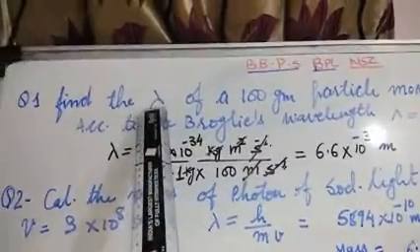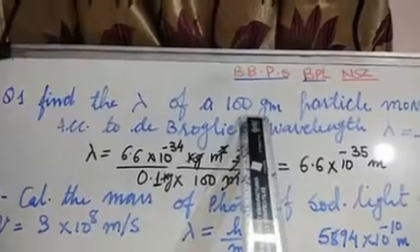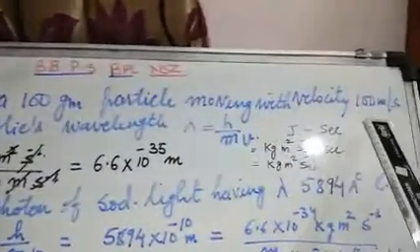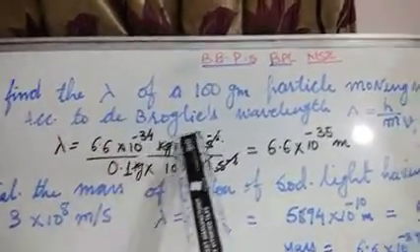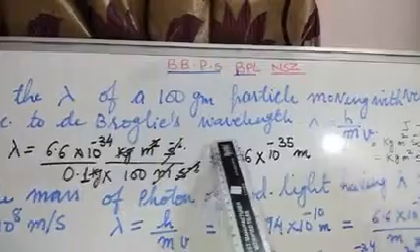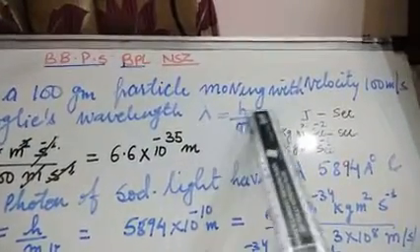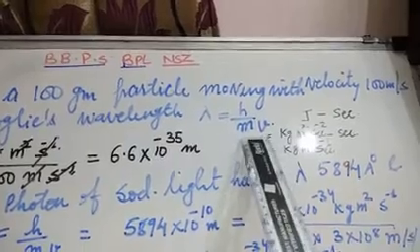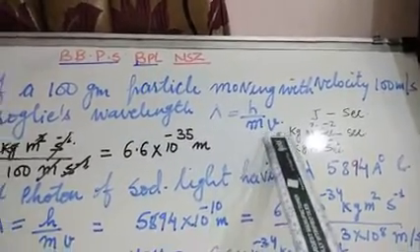So what are we calculating here? Wavelength. And what is given to you? Mass is given, and velocity is also given. For the dual nature, de Broglie gave the relation lambda is equal to h upon mv. h is Planck's constant, m is the mass, v is the velocity.